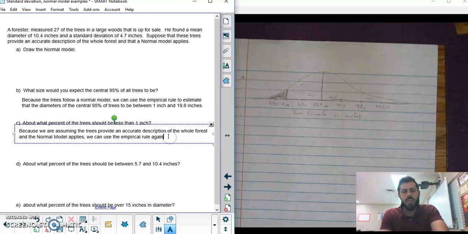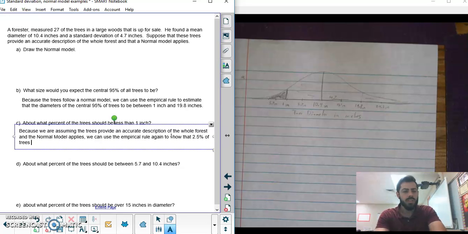We can use the empirical rule again to show that 2.5% of trees are, here, I'm going to edit this.